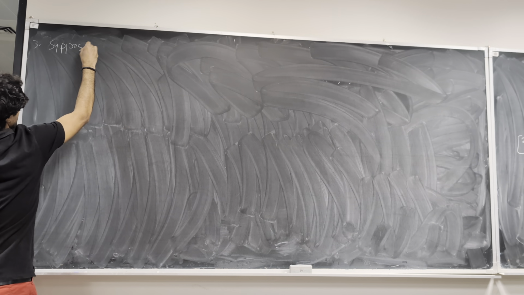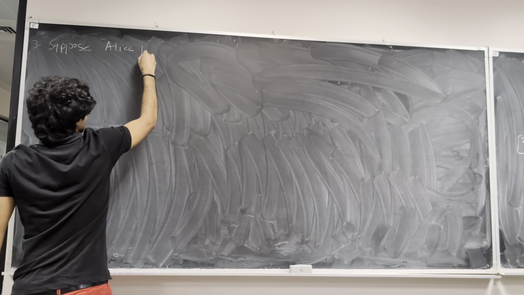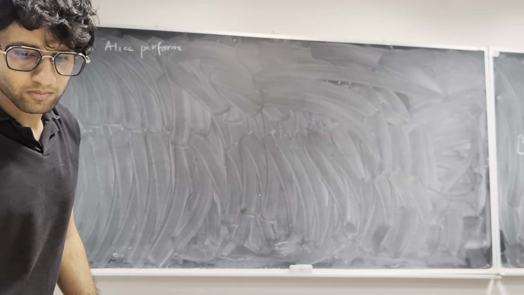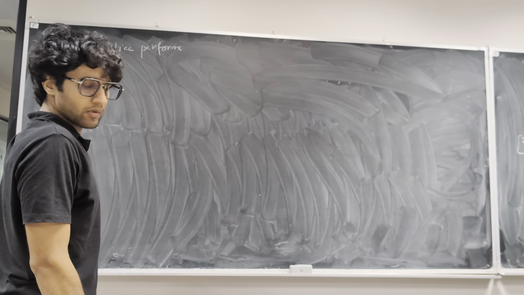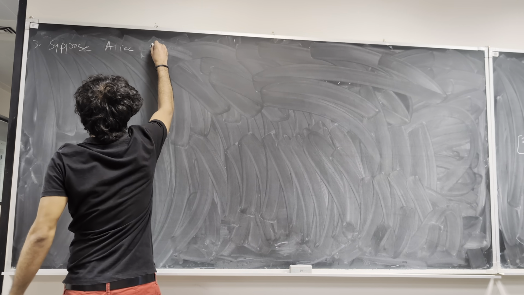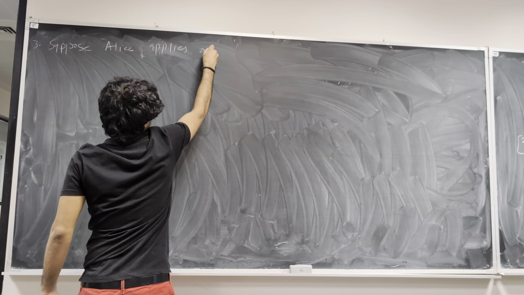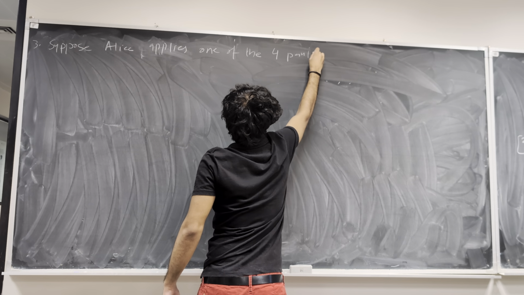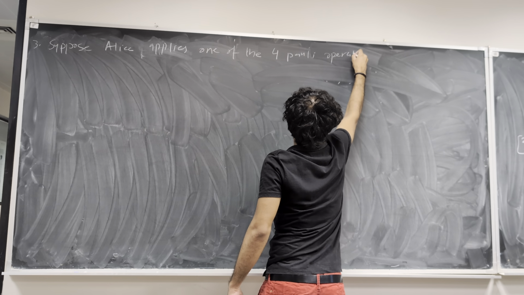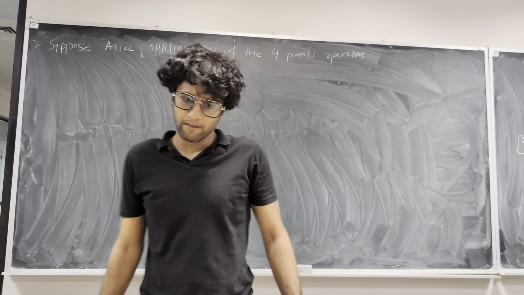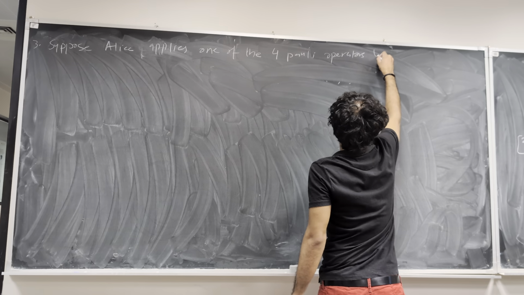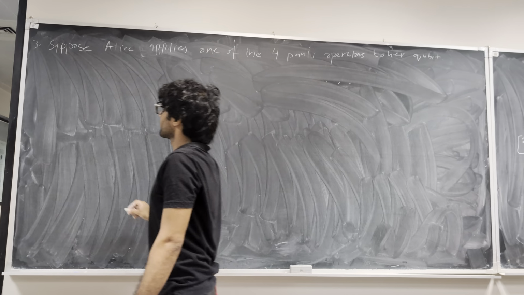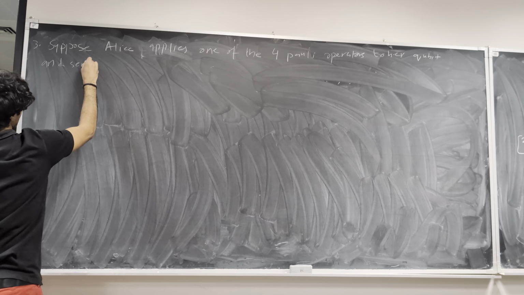Suppose Alice performs one of the four Pauli operators to her qubit and sends it to Bob.